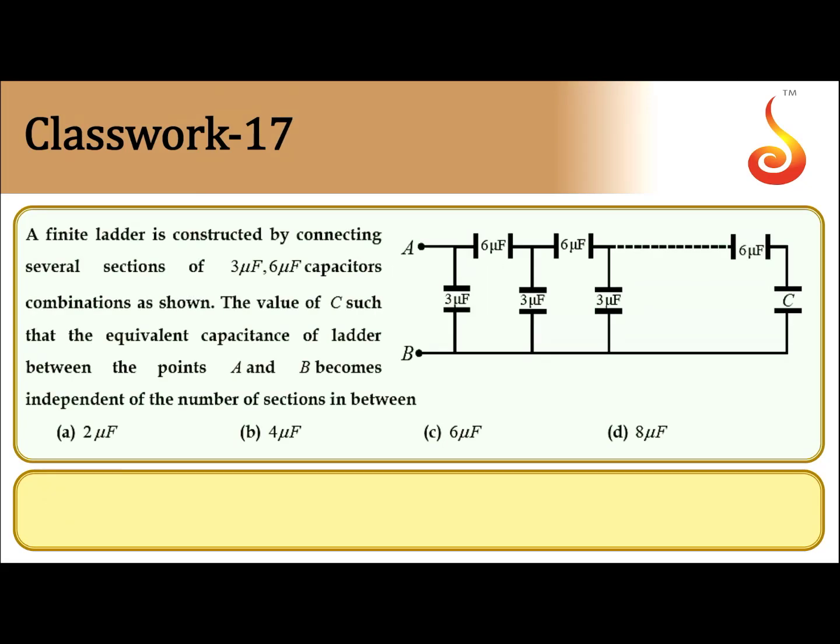Next one, a finite ladder is constructed by connecting several sections of 3 microfarad, 6 microfarad capacitor combinations as shown. The value of C such that the equivalent capacitance of the ladder between the points A and B becomes independent of the number of sections in between is. Okay. So the construction can be shown here.